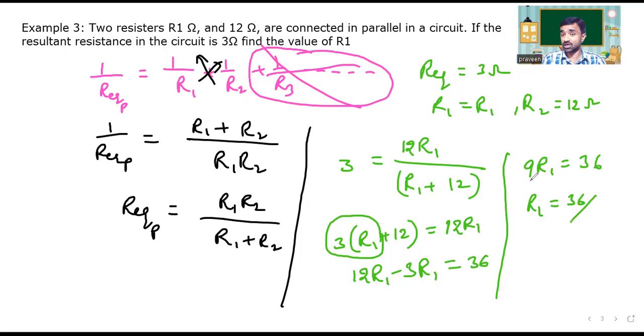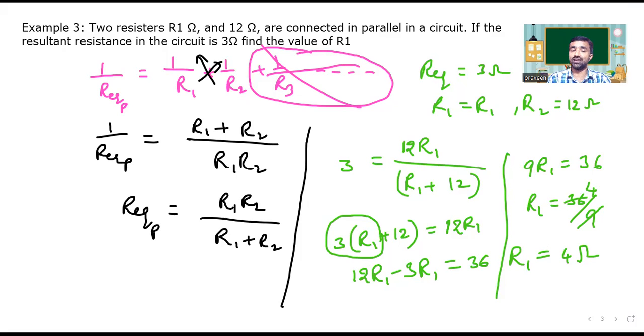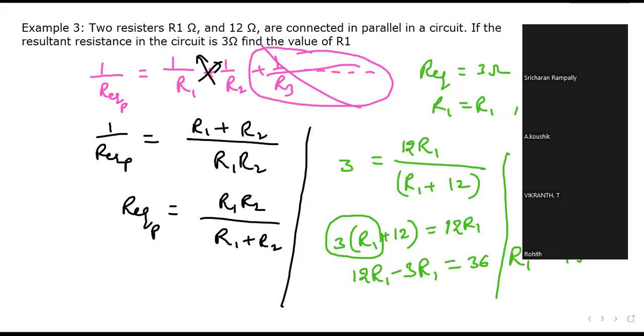On transposing, 9 goes to the denominator. 9 once is 9, and 9 four times is 36. Then R1 equals 4 ohms. Right? So this is the solution for example 3.